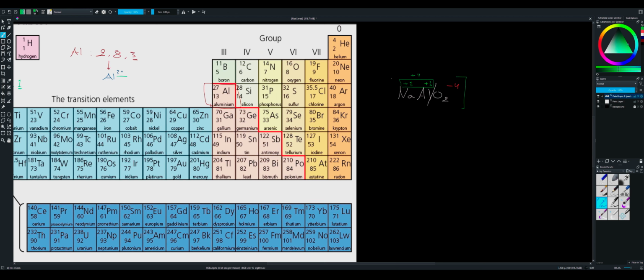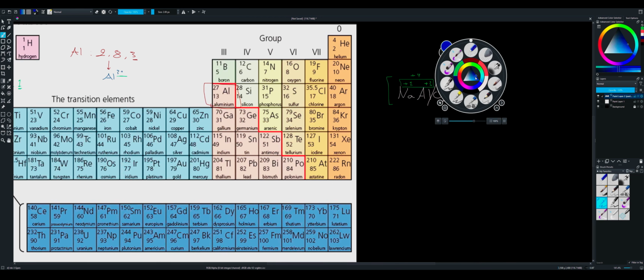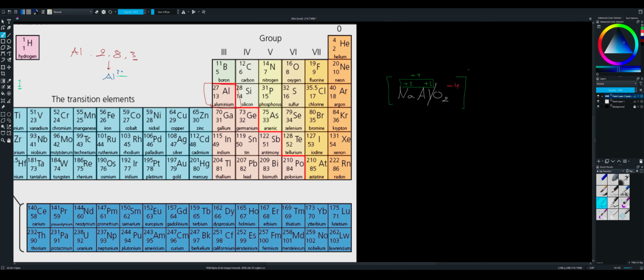So the net charge on this compound is 0. It's just like sodium hydroxide, like copper sulfate, like any other stable compound, we have a net charge of 0 on that compound. If we divide it into cations and anions, the negative charge is equivalent to the positive charge, so the total charge at the end of the day is 0.